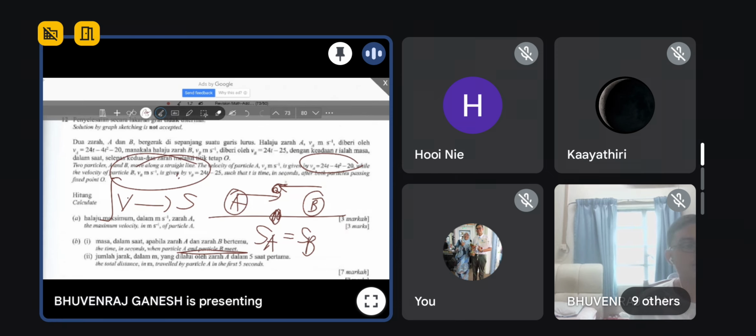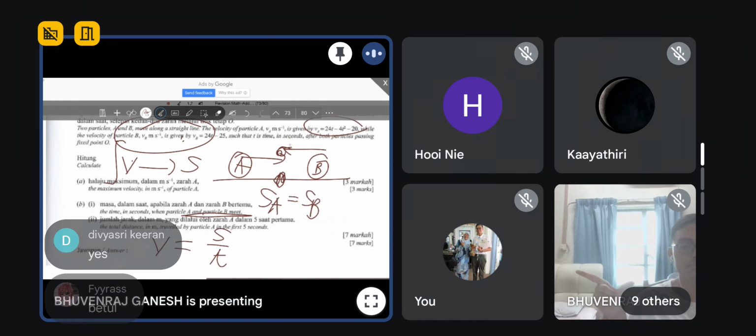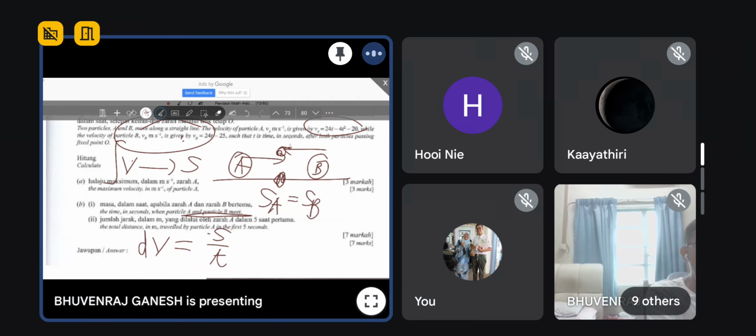So why is it like this? Okay, so basically V equals S over T. Right guys? You all learned this equation in physics. Velocity is displacement divided by time. If I add a d, guys, I have to add d to all the letters. Right? So dV equals ds over dt. Okay?